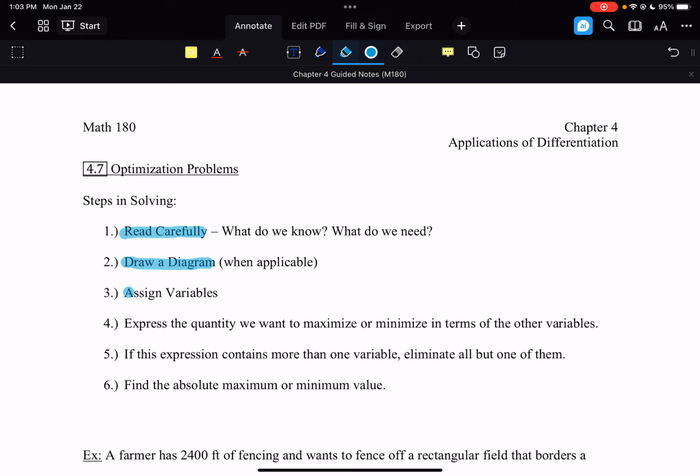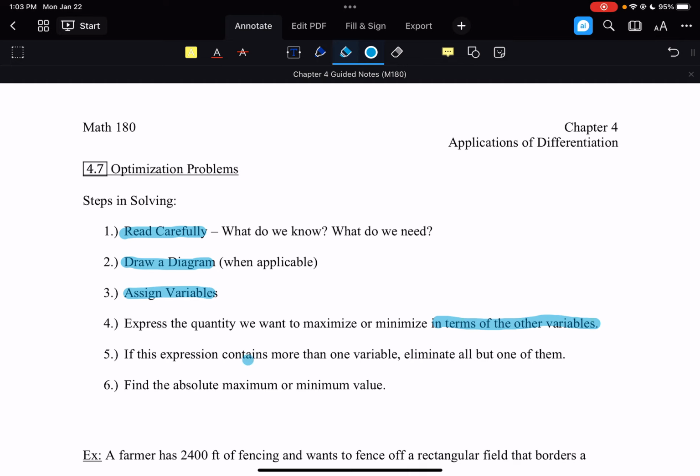We need to assign variables. So we take all of the known and unknown values and establish letters to them. We want to express the quantity that we want to maximize or minimize in terms of the other variables. So we're going to figure out, again, what the question is asking us to maximize or minimize, and then write that in a formula of some sort.